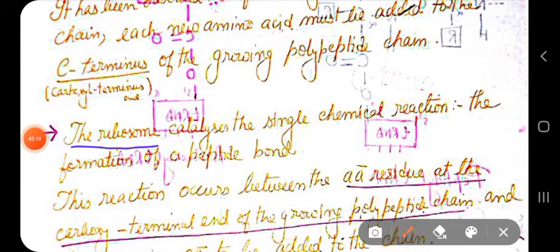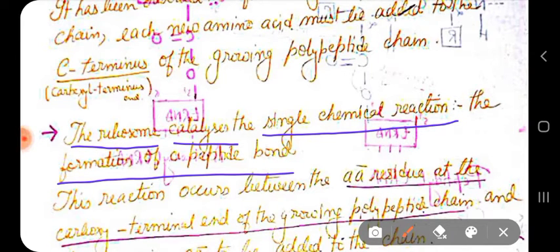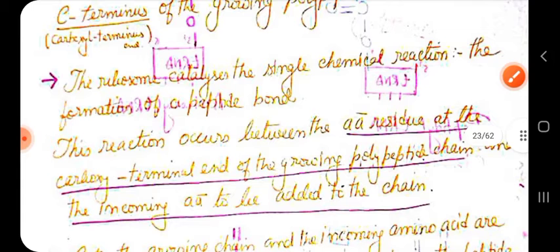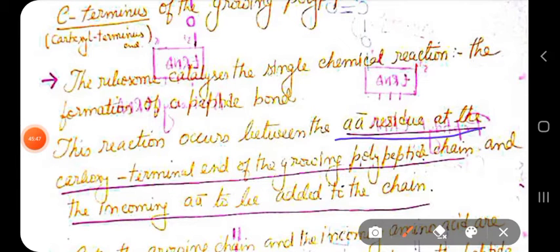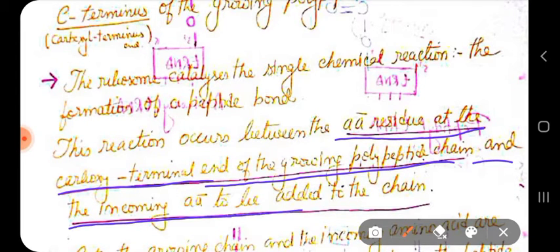The ribosome actually catalyzes a single chemical reaction, which is the formation of the peptide bond. This reaction occurs between the amino acid residue at the carboxy terminal end of a growing polypeptide chain and the incoming amino acid to be added to the chain.